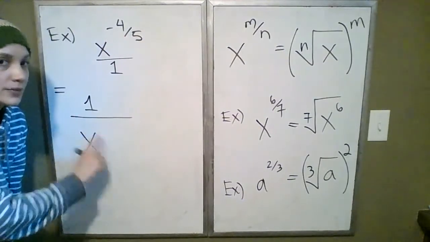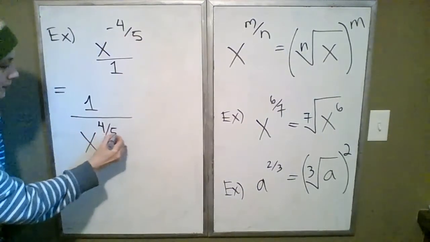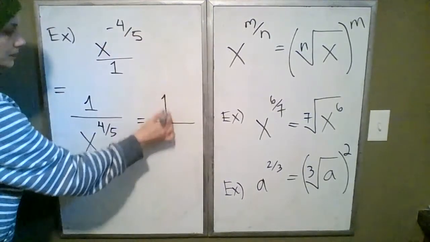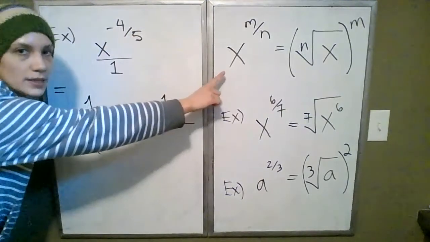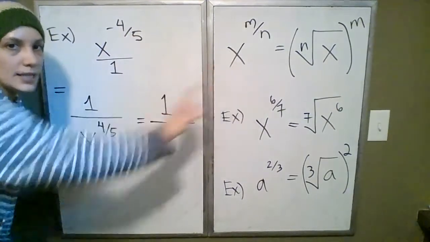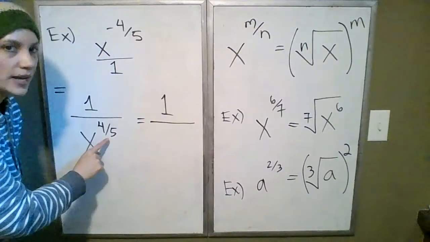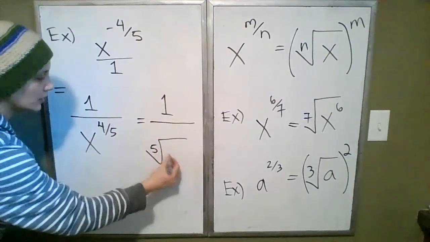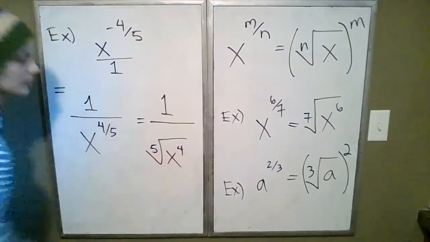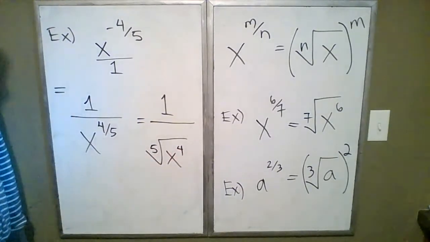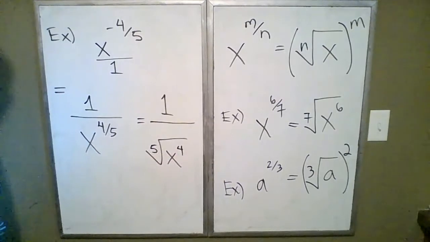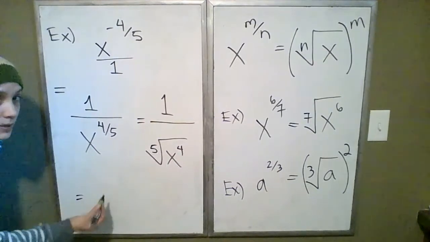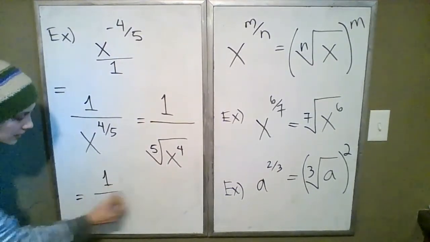It's the power of positive 4/5. Just to practice using this notation, we're going to take the 4/5 power and use 5 as our root and 4 as an exponent. Let's do x to the... if you wanted it on the outside of the root, that's totally correct.